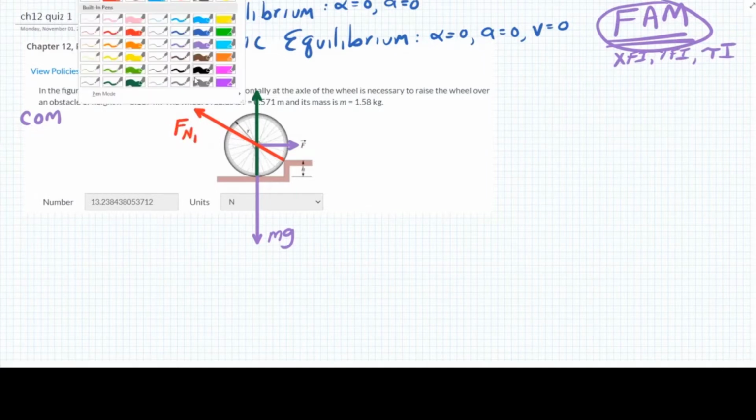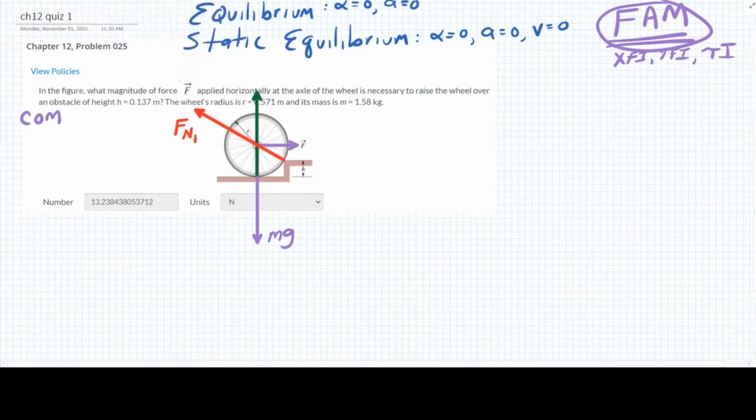A normal force is a reaction force that's perpendicular to a shared contact surface. So this would be this gray line that I'm drawing right here. This would be the shared contact surface between the wheel and the curb right at that point as indicated.